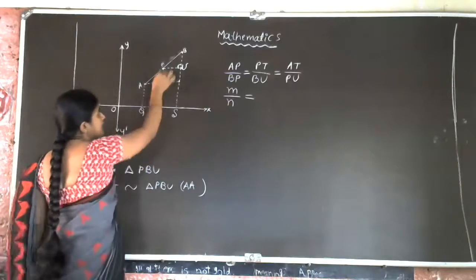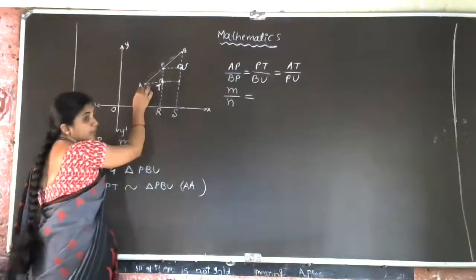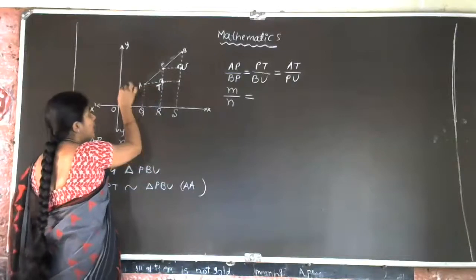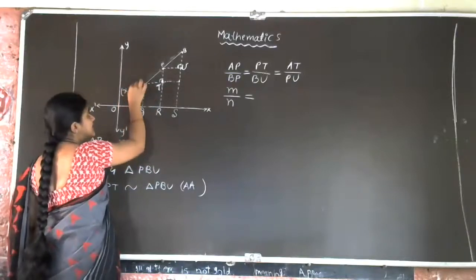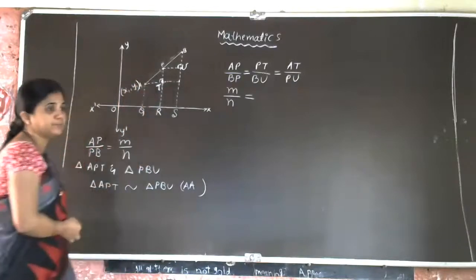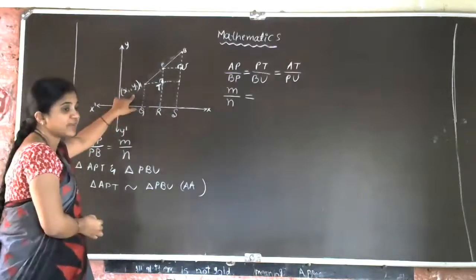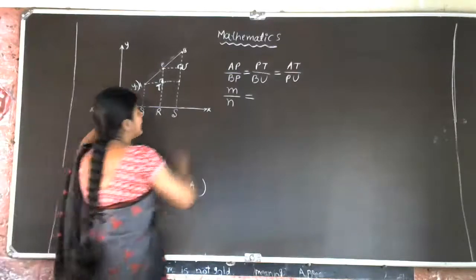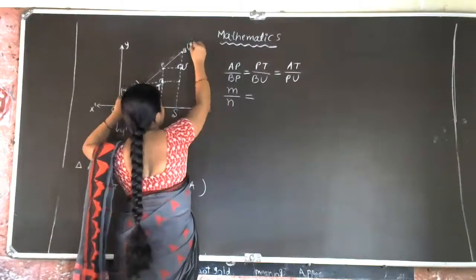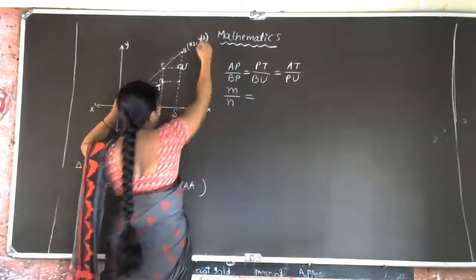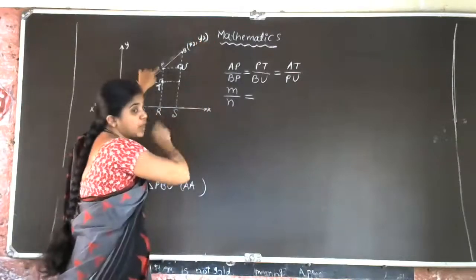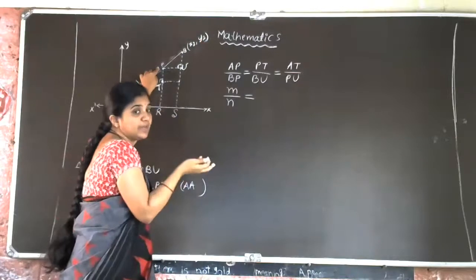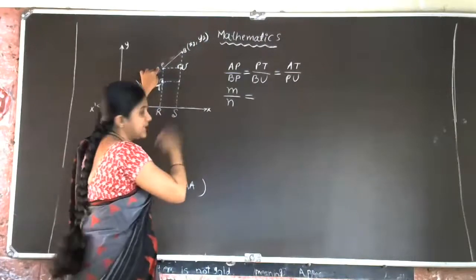Yes, PT. So here we have to mark the coordinates. A coordinates we are going to take as x1 comma y1, and B coordinates we choose as x2 comma y2, and the middle point, not the middle one, we don't know actually whether it is the middle, it divides in some ratio.